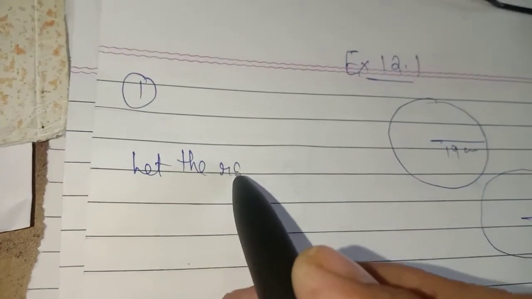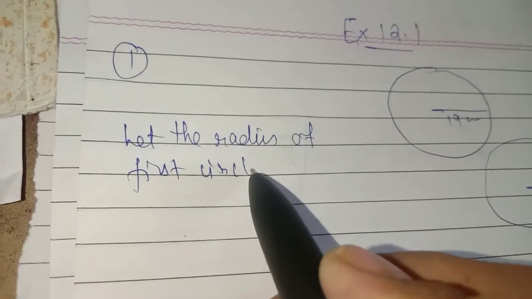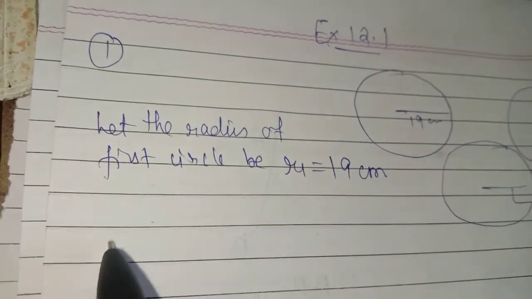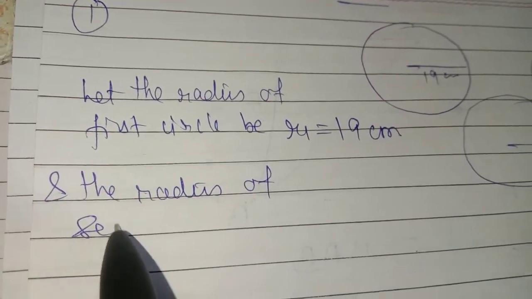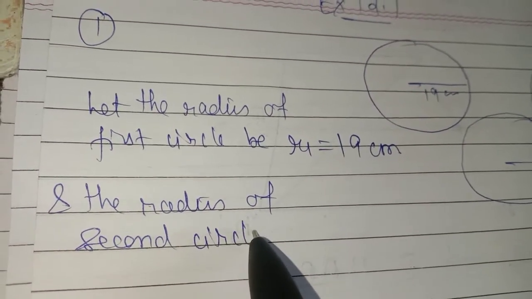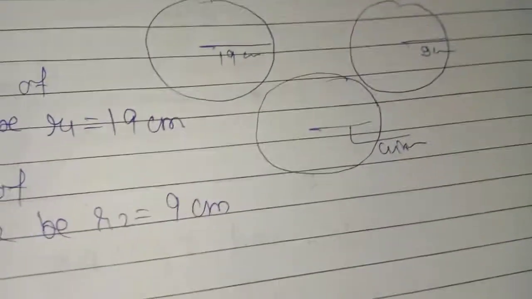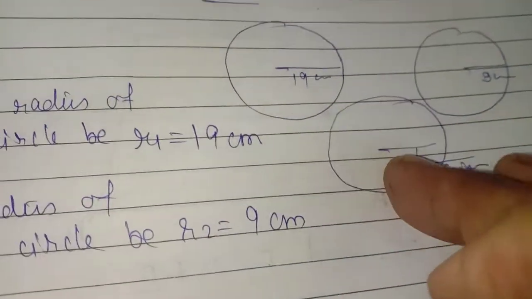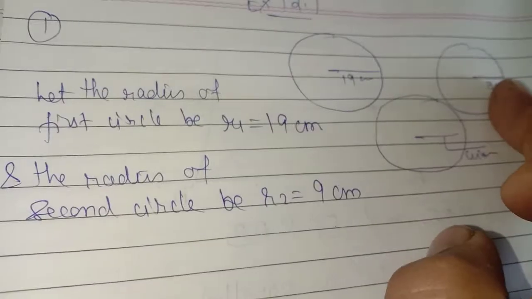So we will write here, let the radius of first circle be r1 is equal to 19 centimeter and the radius of second circle be r2 is equal to 9 centimeter. Now actually we don't know the radius of the larger circle which has the circumference equal to the sum of the two smaller circles.